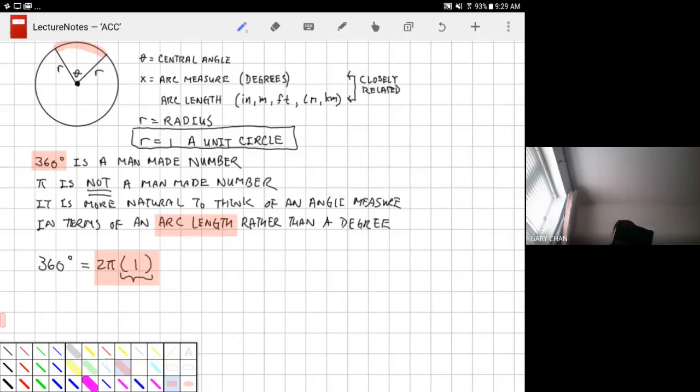So it would be way more logical to think of the full angle measure going around a circle in terms of pi rather than in terms of degrees. It seems very counterintuitive right now because you guys are brought up thinking about things in terms of degree measures.